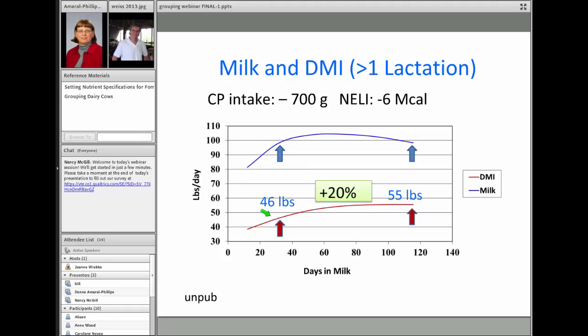But look at intake. This cow has to produce 100 pounds of milk eating only 46 pounds, and these are measured intakes. This cow produces 100 pounds, but she gets to eat 55 pounds. So again, if I have these early lactation cows, because they eat so little, I have to take that into consideration if I'm formulating for a group.